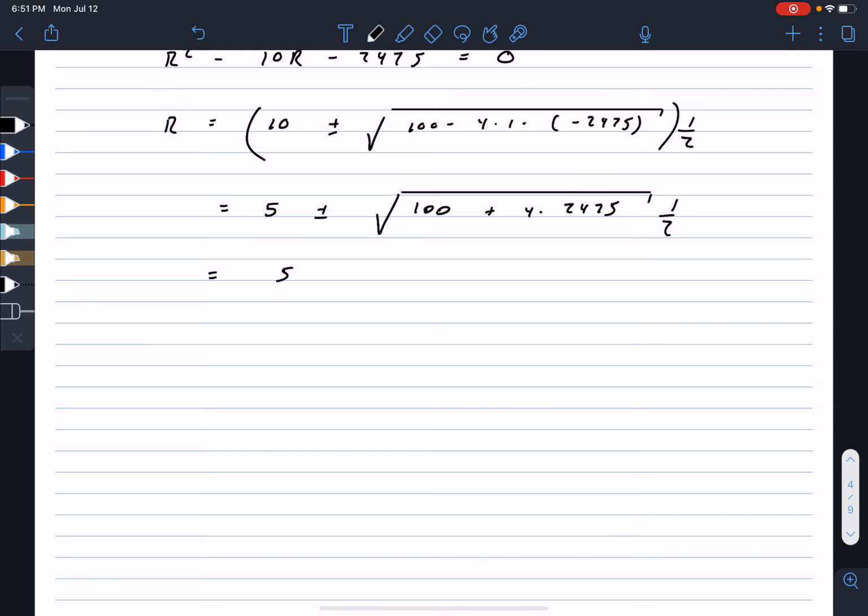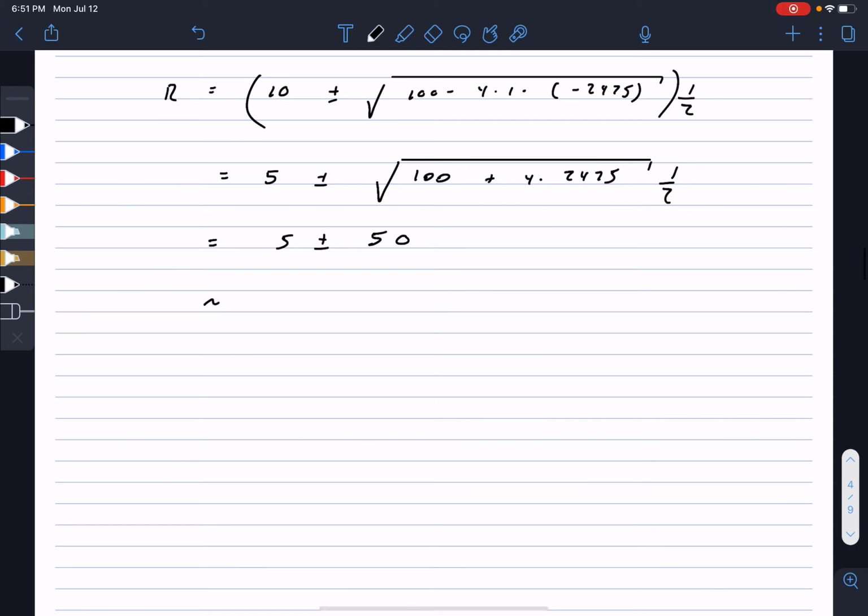That's going to be 5 plus or minus, when you plug this in, you end up with 50. Then that leaves you with 55 ohms and negative 45 ohms. A negative value of resistance is not a thing, so we are just left with 55 ohms. So the value of R for this setup is 55 ohms.